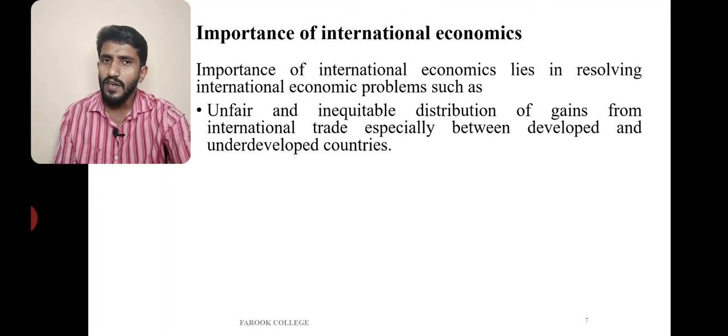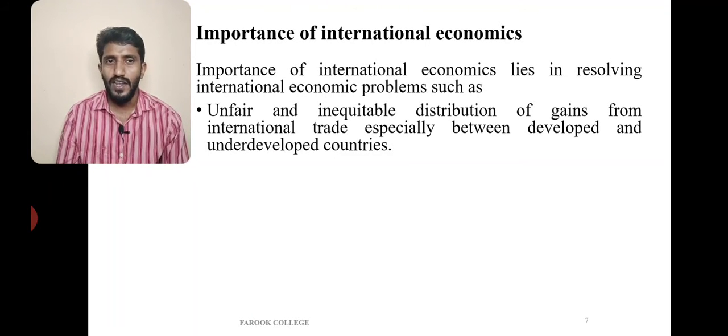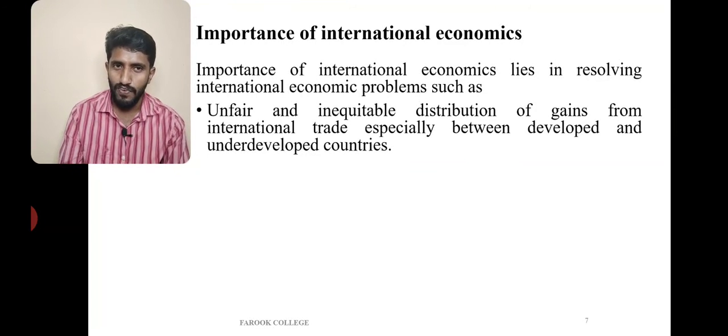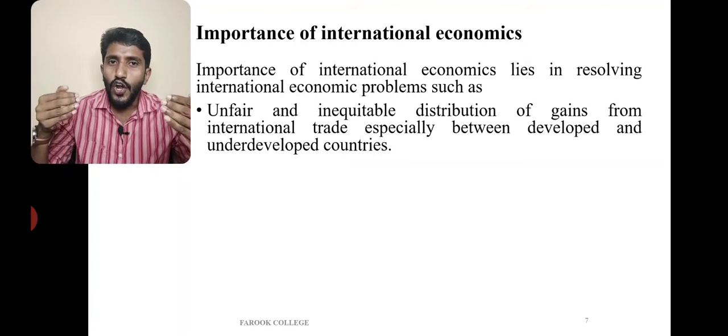And there are some other problems which should be solved, like the unfair and inequitable distribution of gain from international trade, especially between developed and underdeveloped countries. The gain from trade is not equally distributed among the countries.